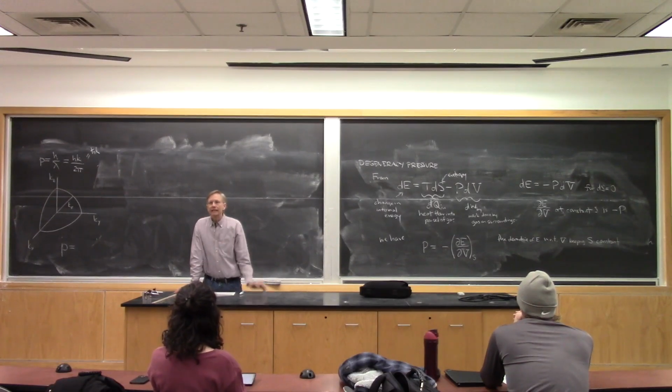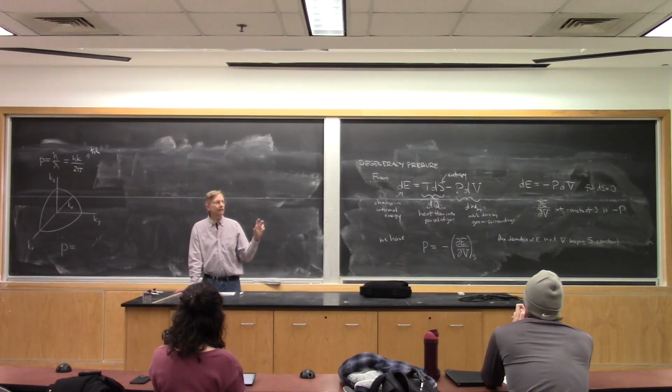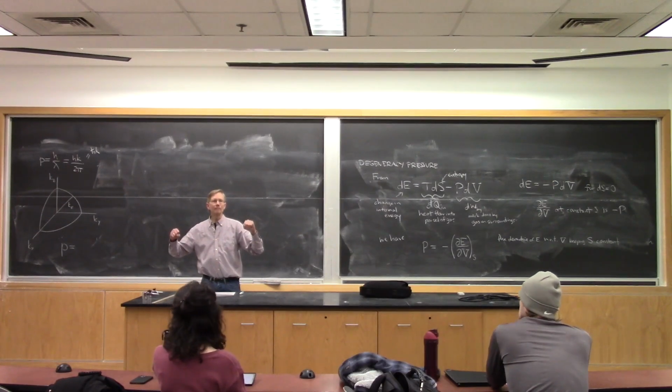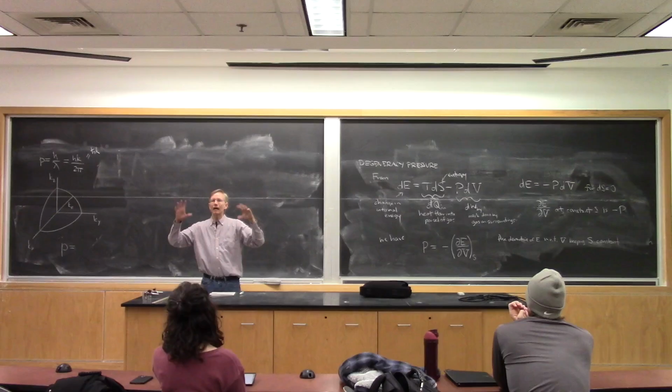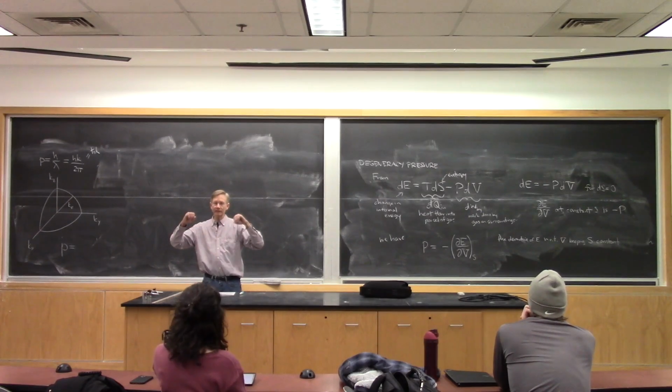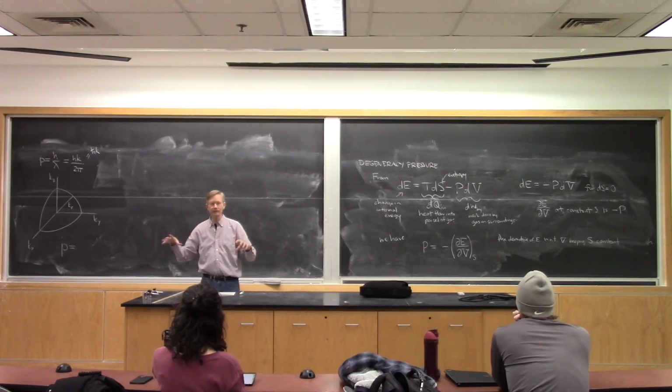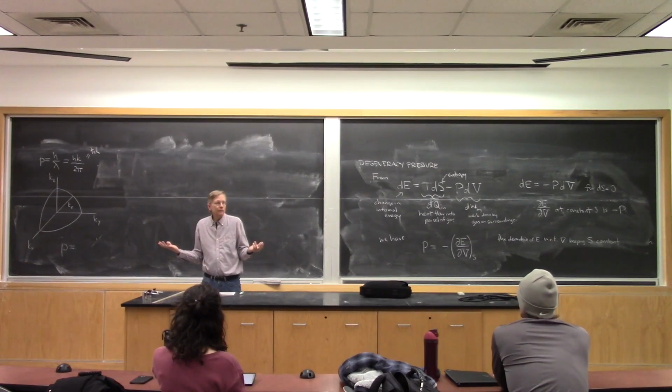In this case, keeping the number of ways to create the system constant, well, we've got it in the ground state. At t equals 0, we put all the particles in the lowest energy states they could have. How many ways are there to do that? Essentially, there's just one.